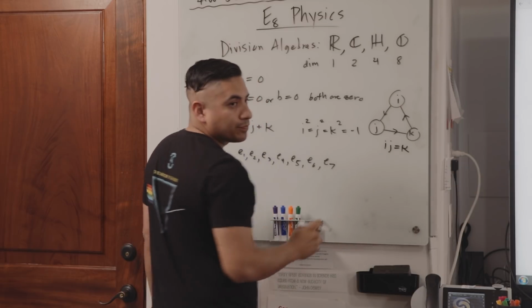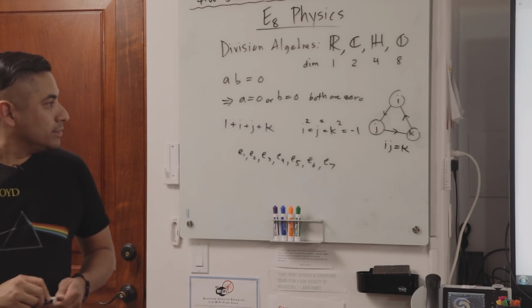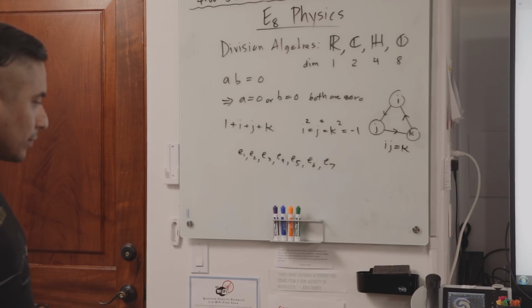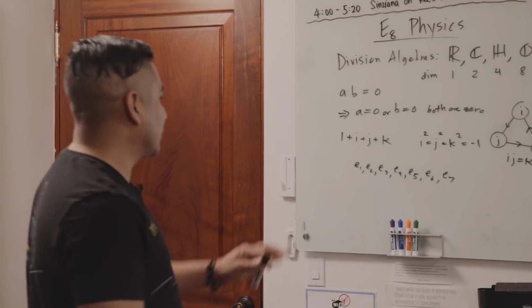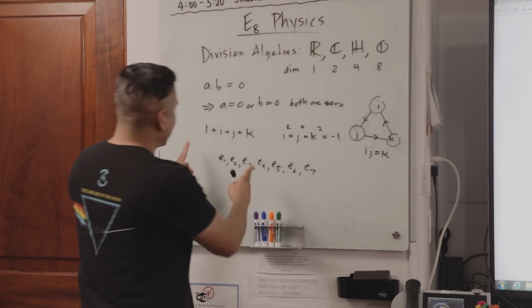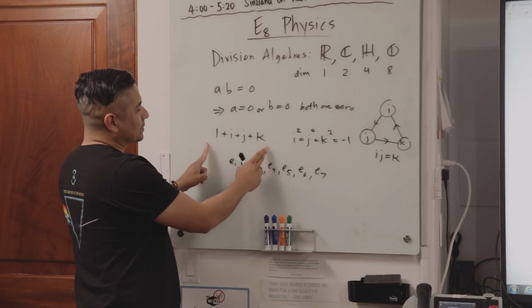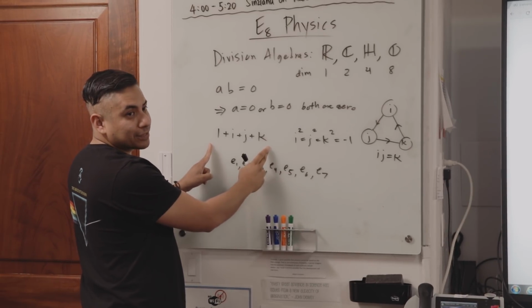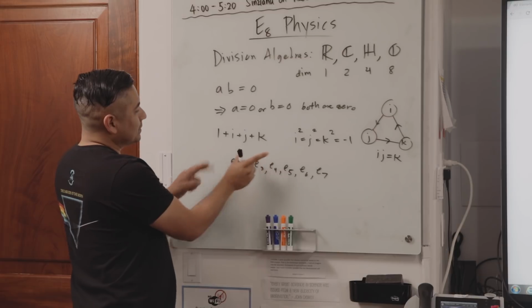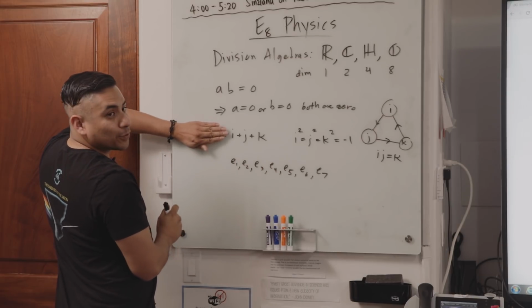And that's why it's called a vector algebra, because you have a notion of vectors in it. Historically, the concept of a three-dimensional vector came from ignoring the real part.